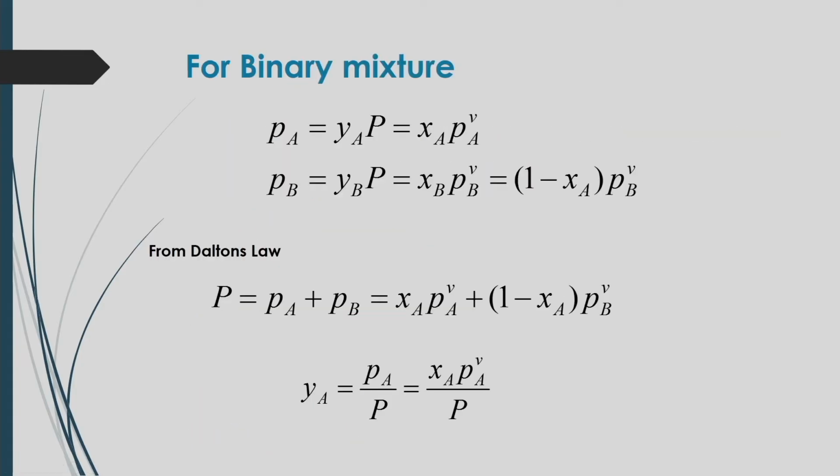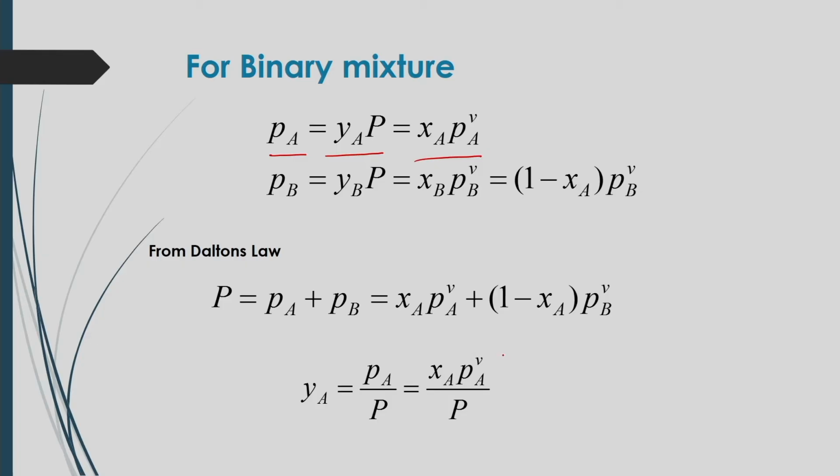If we consider a binary mixture for Raoult's law, what will happen? Suppose there is a mixture of components A and B. The partial pressure of component A can be represented by Ya into P, where Ya is the mole fraction of A in the vapor, and that will be equal to Xa into PAV.